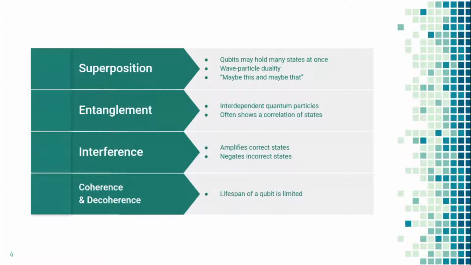This is in correlation with the wave-particle duality found in superposition, where you're able to control the waves of the wrong answers of qubits, to shoot the waves into each other and cancel out or negate the incorrect states, as well as, when you have waves of right answers, use that to amplify the right answer, which then contributes to the probabilistic result.